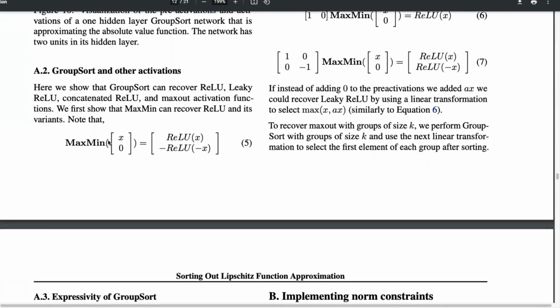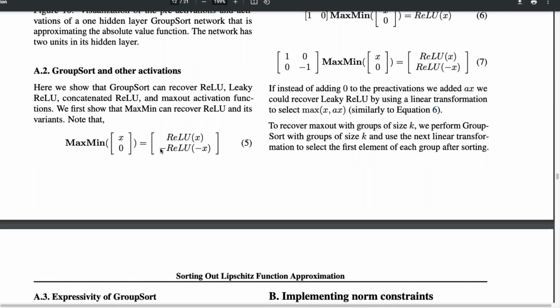So that makes sense. Now if x is negative, then ReLU of a negative number is 0. So now I've switched 0 to be on top. And ReLU of minus x, now I basically just get x here. And then I apply the minus sign to it. So I get, hey, wait a minute, negative value.